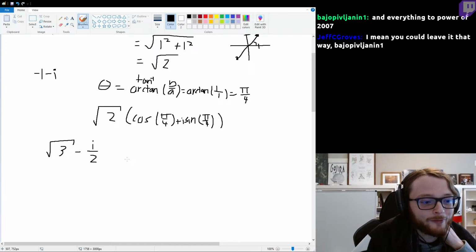Everything to the power of 2007? Oh, for this you need De Moivre's theorem for powers of complex numbers, which actually, I remember that off the top of my head, I think.